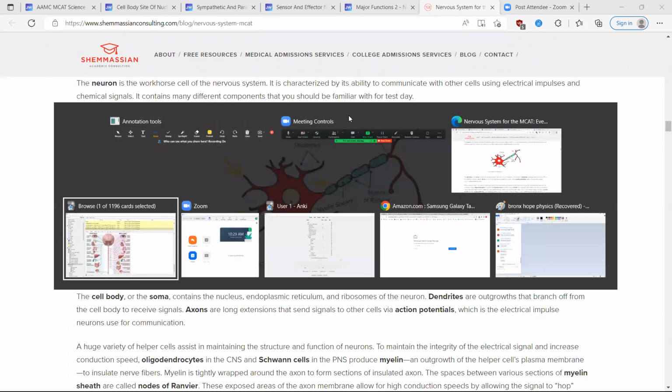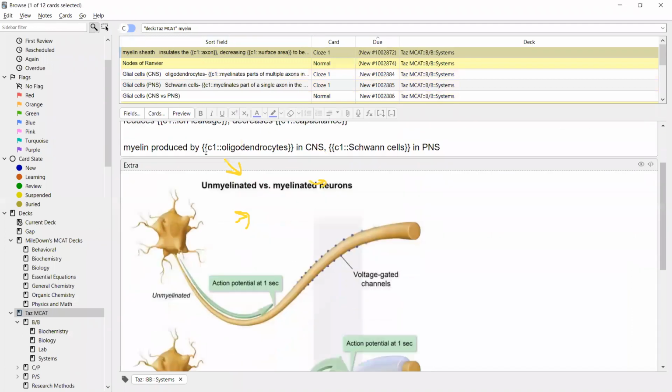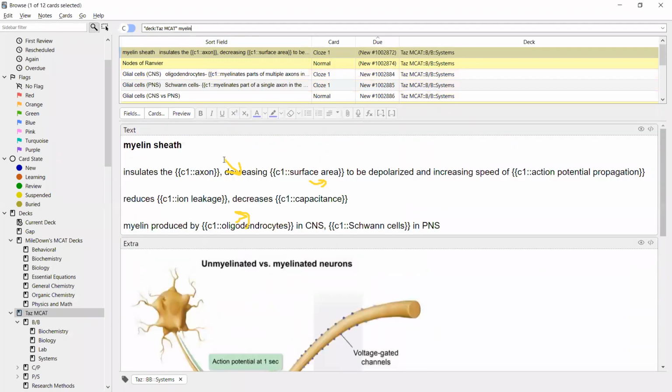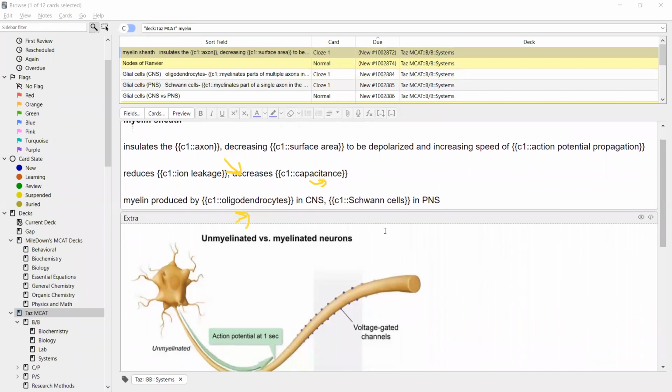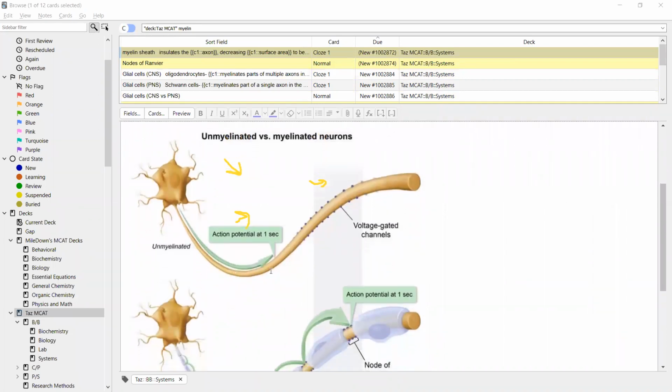So what is myelin? Myelin is basically an insulation of the axon, and what it does is it increases the speed of the action potential traveling down the axon. If we look at an unmyelinated neuron, the action potential is just traveling down straight.